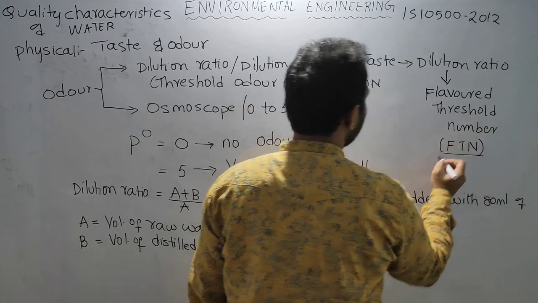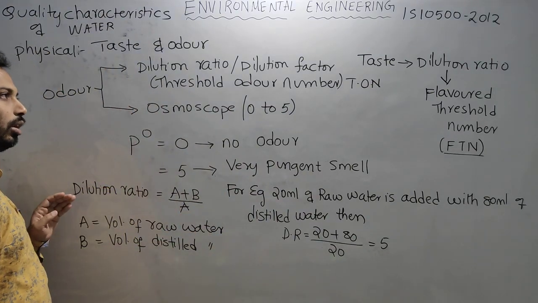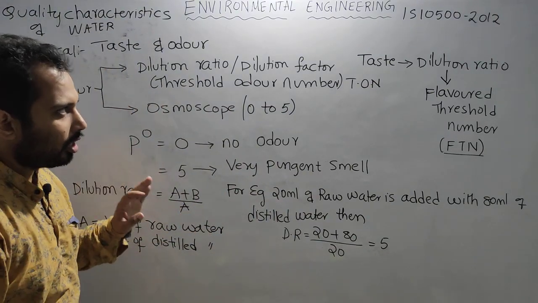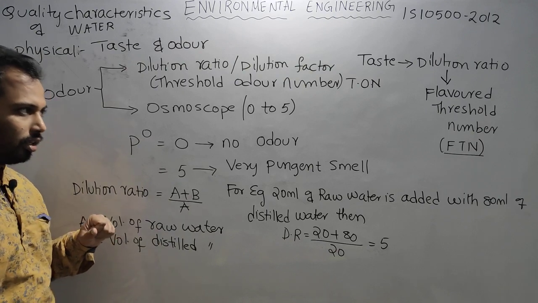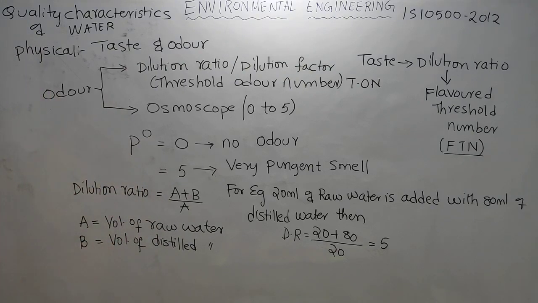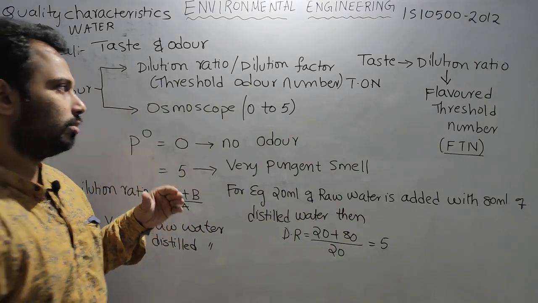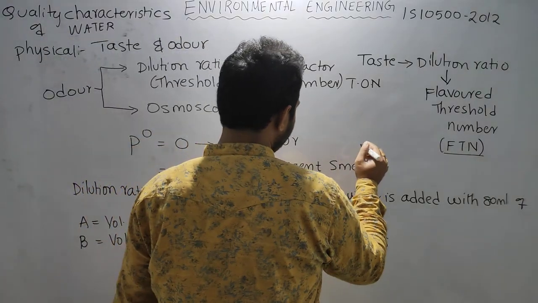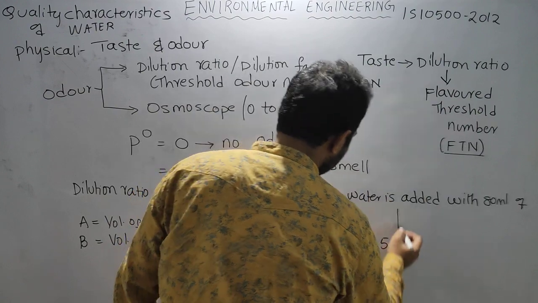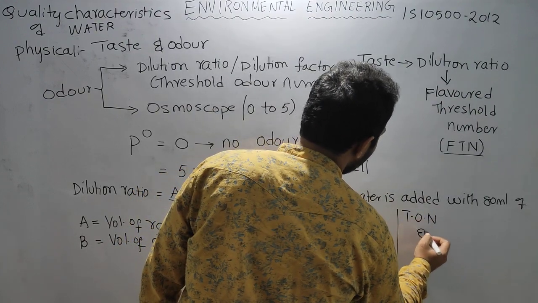The same thing for odor is the threshold odor number, and for taste it is the flavor threshold number. So both numbers, the odor and the taste, in the previous code were given as TON and FTN.